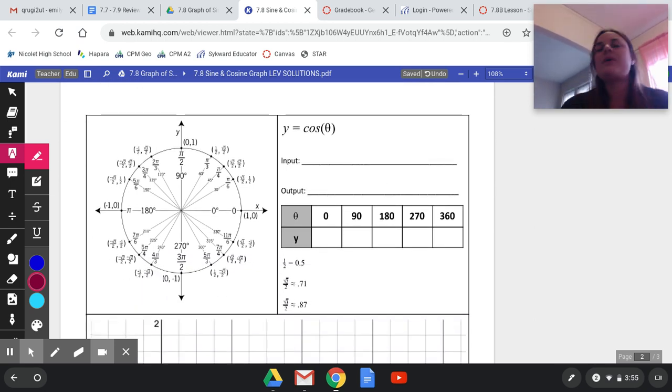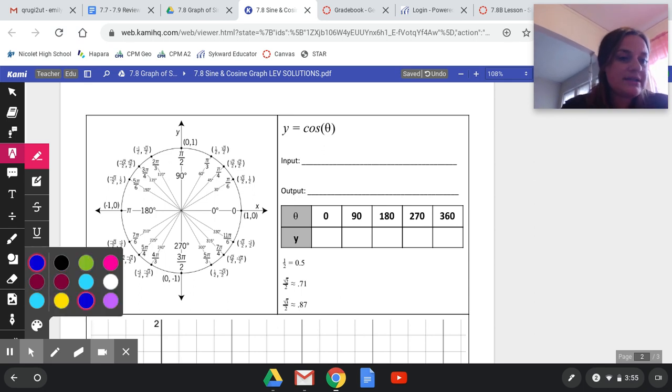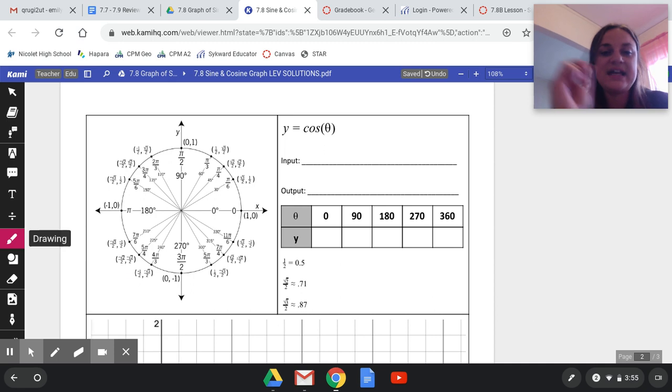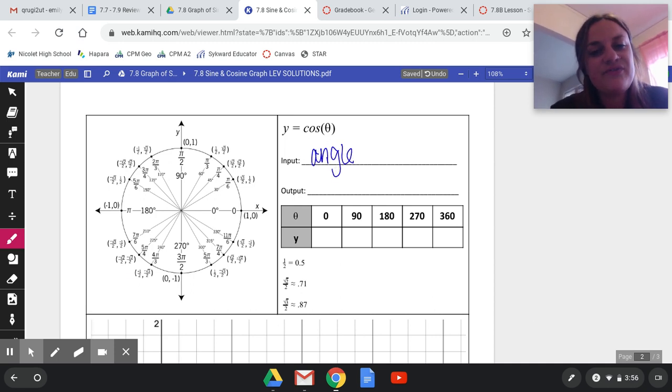Next, let's talk about cosine. All right, so cosine, similar type process. My input is still my angle theta, but now this one's a little bit more difficult to visualize. Okay, so you're still on this Ferris wheel, but now instead of saying, like for sine, how high off the ground are you?